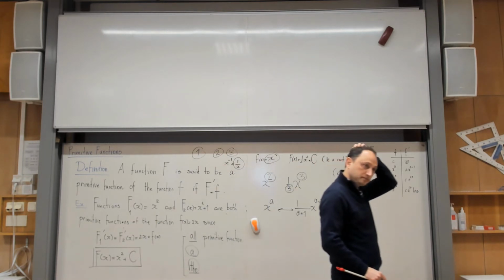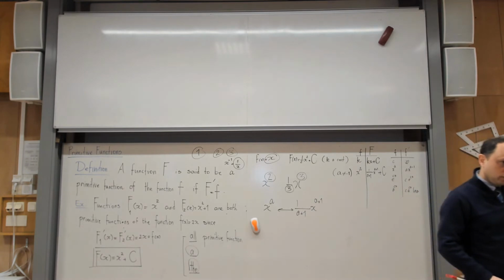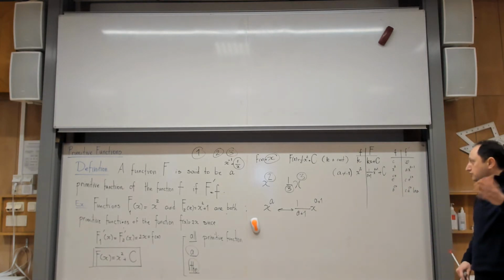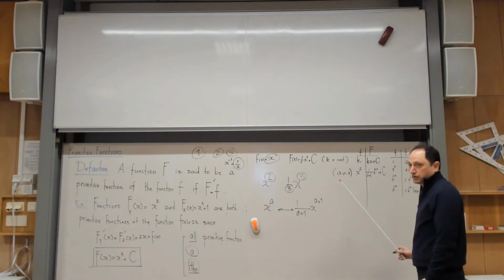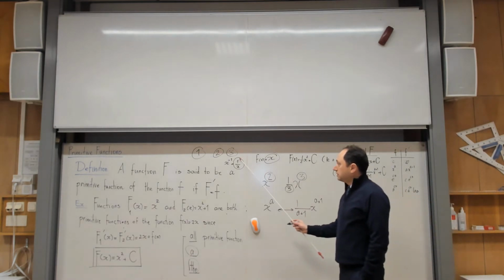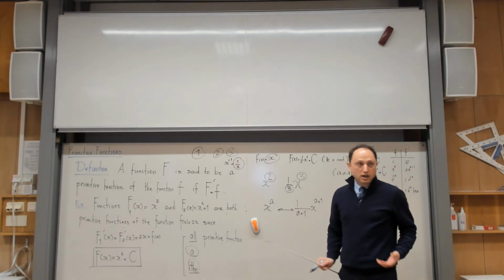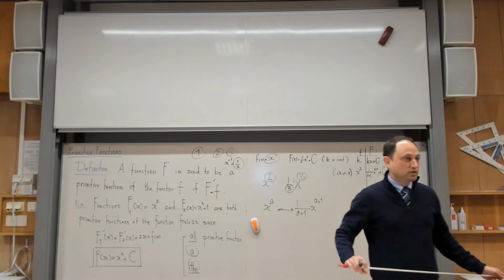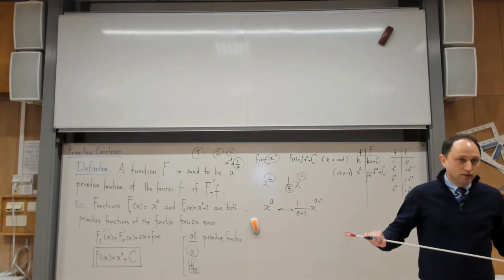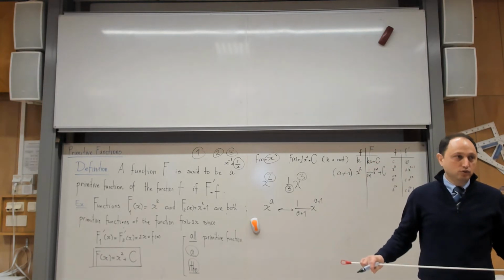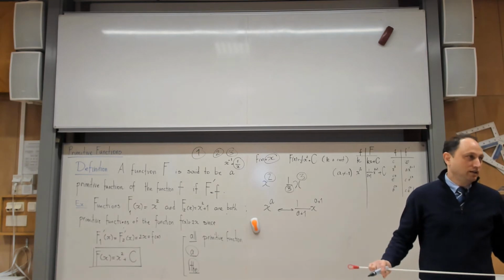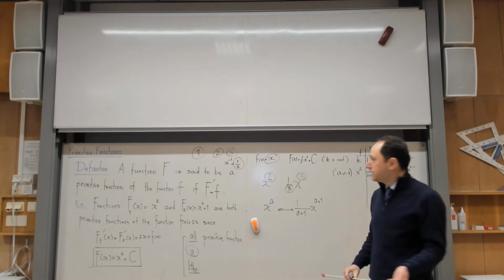But a can be any other number, even negative numbers. The fractions, the square roots, and everything, except -1. For the case -1, this turns out to be 1 over x. And if I ask you, can you guess a function whose derivative is 1 over x? You know the function, but you don't know why it works. The function is ln of x. The derivative of ln of x turns out to be 1 over x.